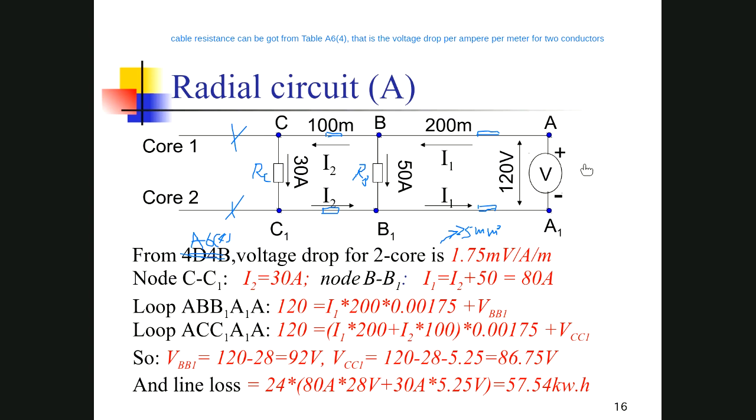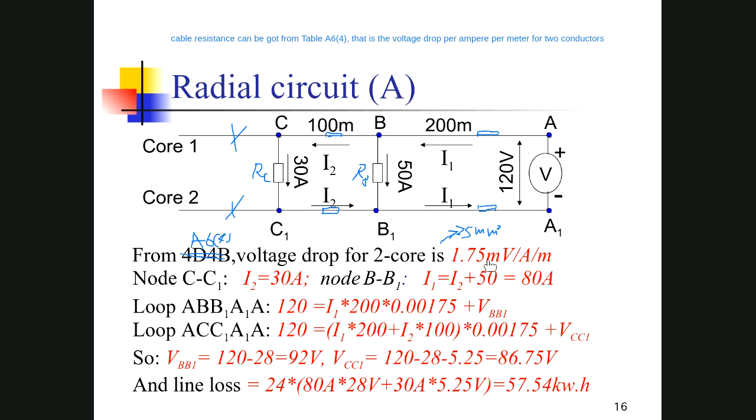The source is 120 volts, which supplies load B and the two conductors here. First, the voltage drop on the two conductors, 200 meters long, is current I1 times 200 meters times the voltage drop per ampere per meter in volts.